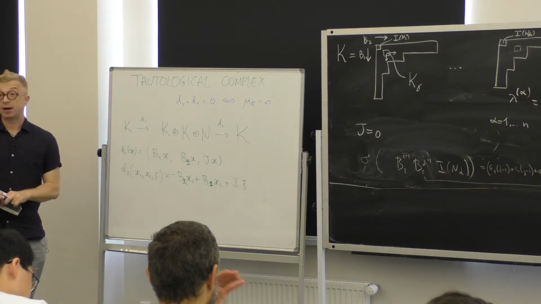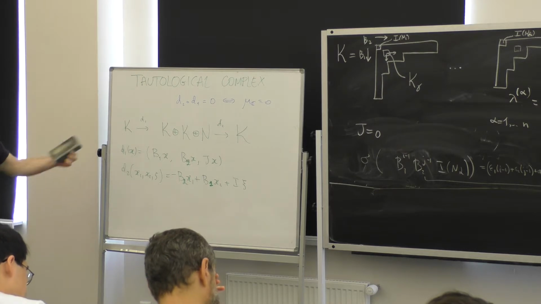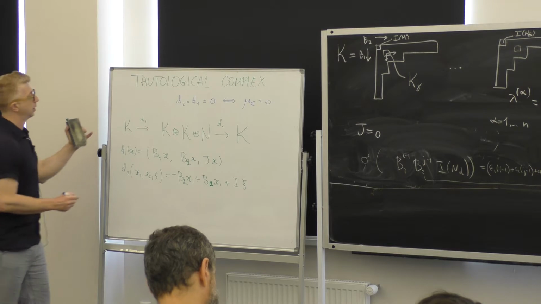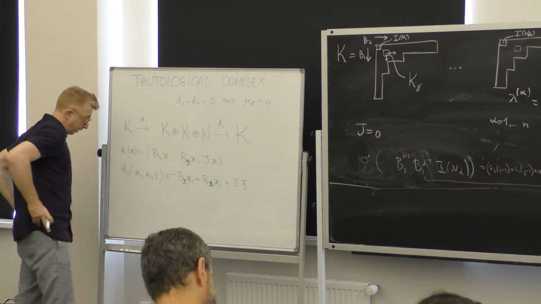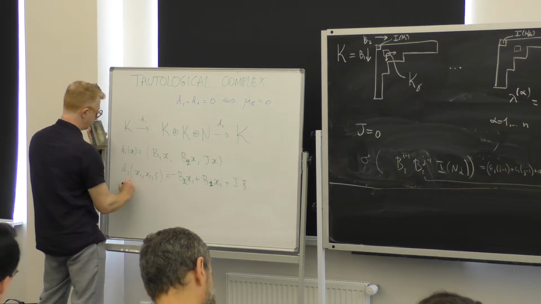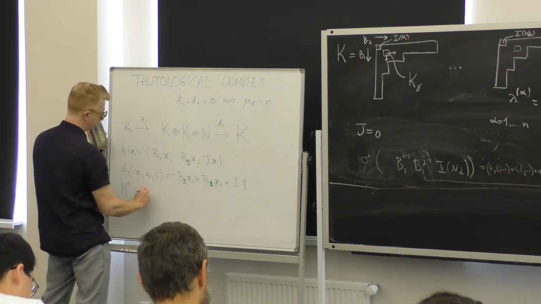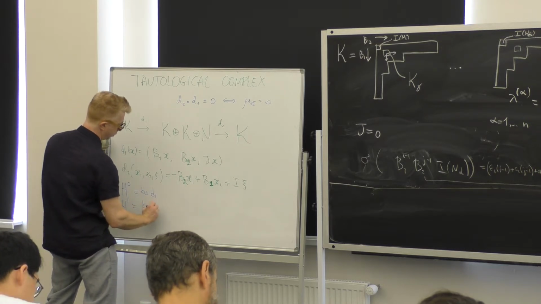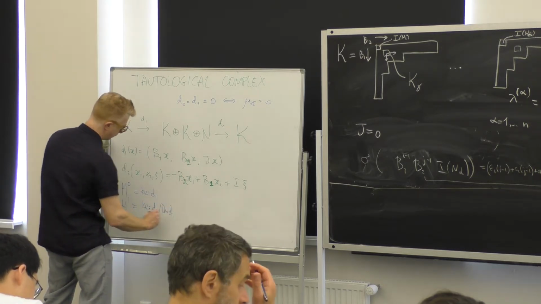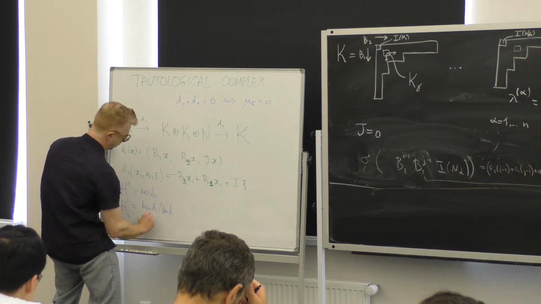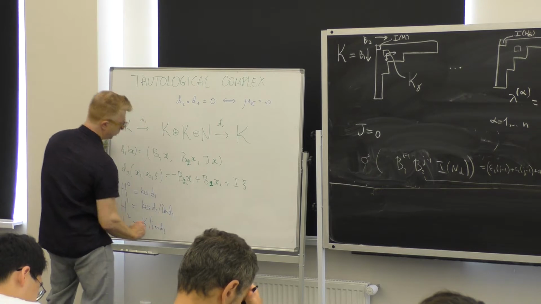So we got ourselves a complex, and so we can compute its cohomology. So the cohomology potentially comes in 3 places. H0, which is the kernel of D1, H1, which is the kernel of D2 modulo the image of D1, and H2, which is K modulo the image of D2.